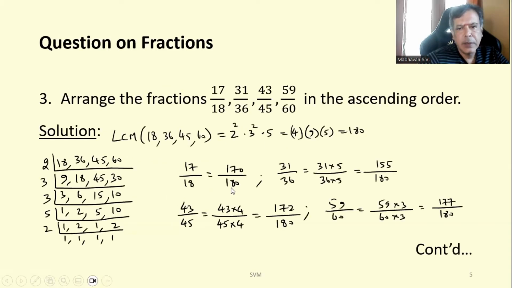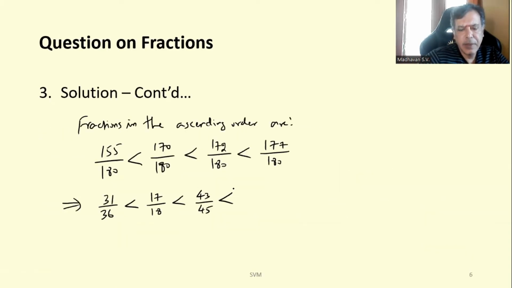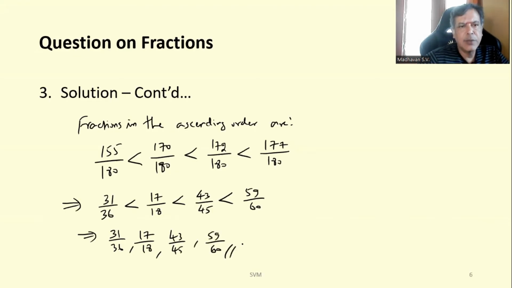Then finally 59 by 60. So this is the way we can arrange these in ascending order. So we have in ascending order 31 by 36, 17 by 18, 43 by 45, 59 by 60. That will be the solution for this.